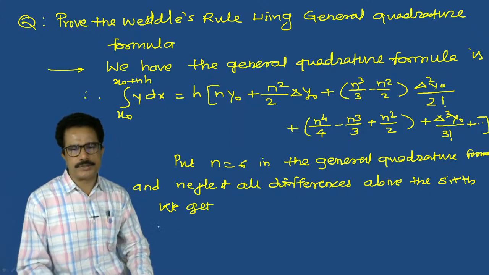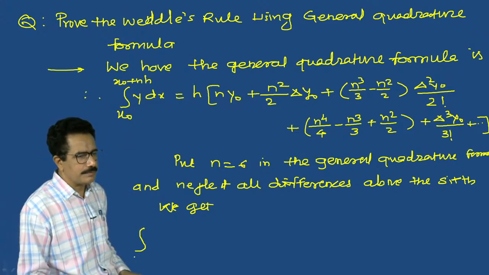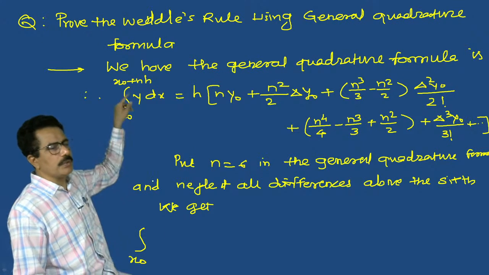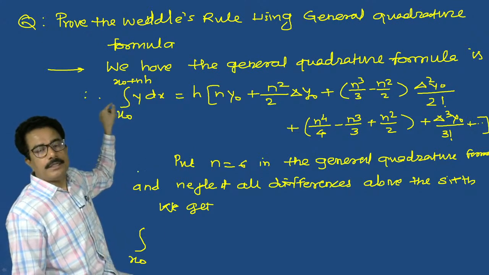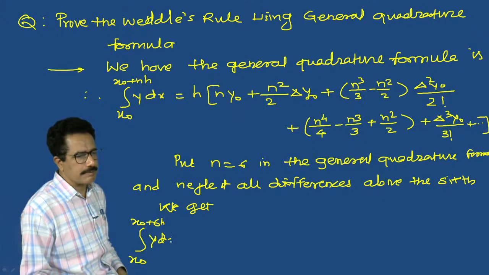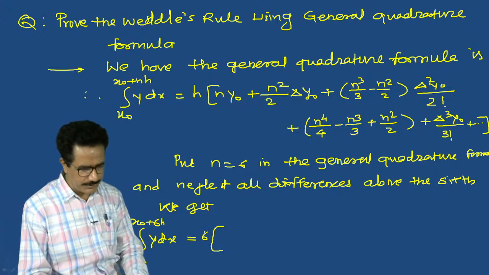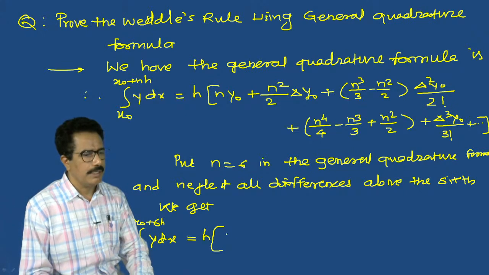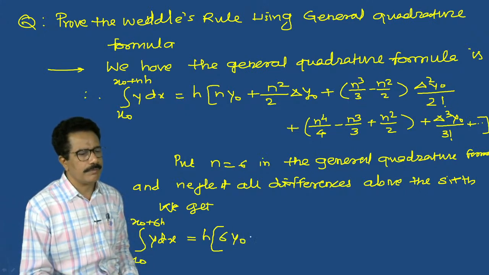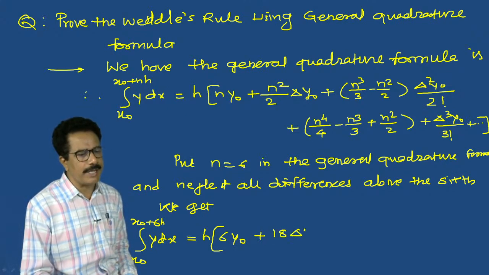What we will get? See this, if we put n is equal to 6, then we get the integral from x0 to x0 plus 6h of y dx, which will be 6 into h (n means h), 6 into y0 plus 6 square means 18 delta y0.